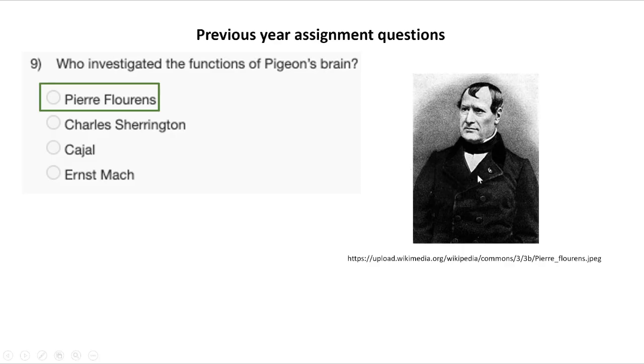This is a portrait of Pierre Flourens, a French physiologist who is regarded as the father of experimental brain science, and he also did some pioneering work in anesthesia. Pierre Flourens investigated the functions of pigeon brains in the context of balance.